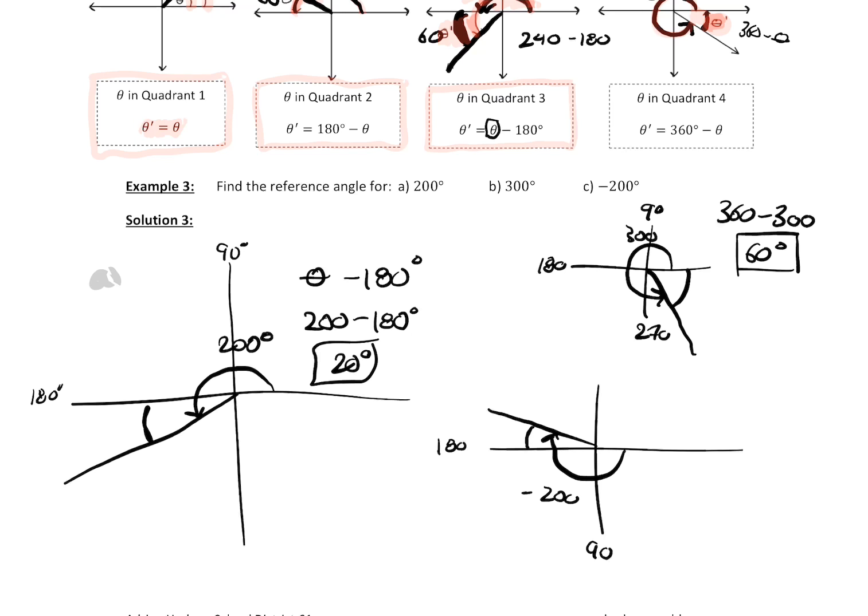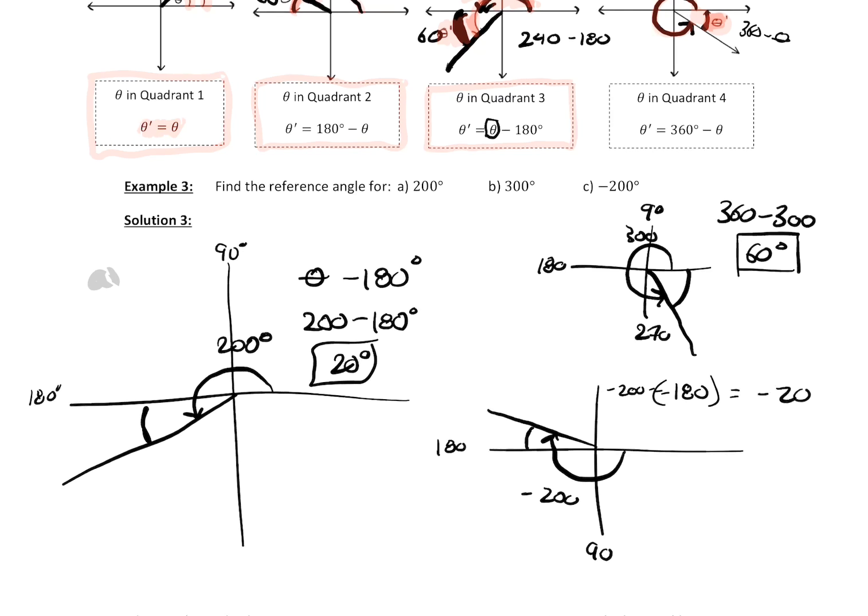But if you think about going a counterclockwise direction, you can be like, okay, well, I've gone negative 180, but I'm subtracting that. I'm subtracting negative 180 from negative 200, which means I'm adding. So this little bit here is negative 20. But that doesn't help me because I've moved in a counterclockwise direction.